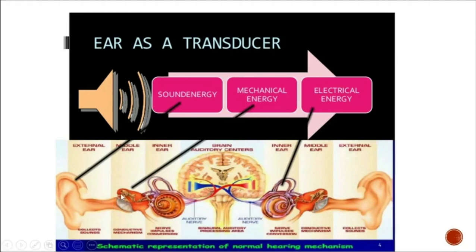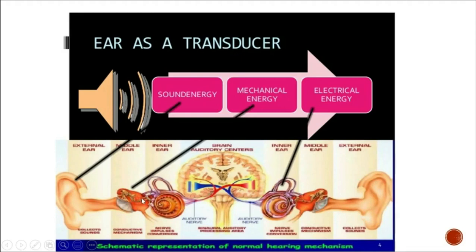This mechanical energy is again transmitted and sensed as an action potential, which is electrical energy. So the sound which was traveling through the air medium hits the tympanic membrane, gets converted into mechanical energy, which gets further converted into electrical energy and reaches the auditory centers.